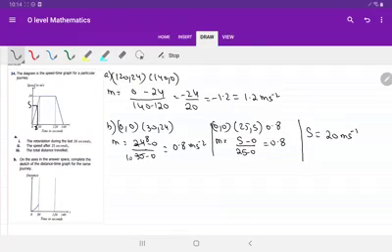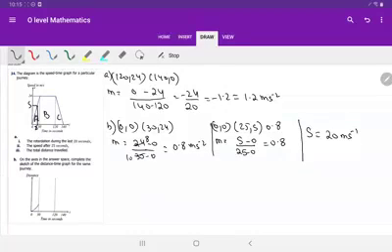Then the question is to find the total distance traveled. To find the total distance traveled, I can easily use the formula for area under the curve, that is area of trapezium. But if you look at part B, you need to draw the distance time graph. If you need to draw the distance time graph, my advice would be to break the journey into smaller parts.